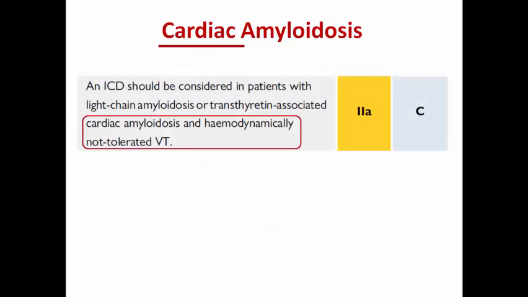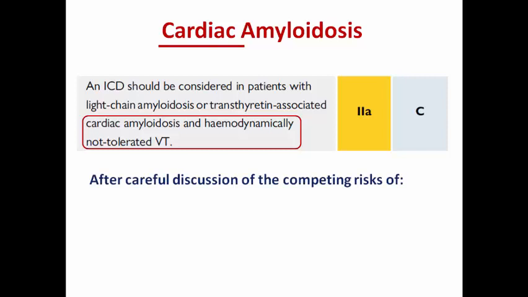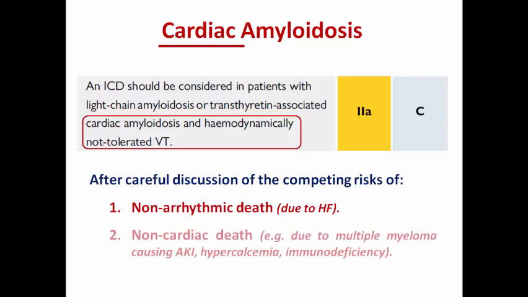But so far, an ICD should be considered in patients with light chain or TTR amyloidosis with hemodynamically non-tolerated VT, still class 2A, and after careful discussion, of course, of the competing risk of non-arrhythmic deaths, which can result from heart failure with preserved ejection fraction, and the non-cardiac deaths due to other organ affection, like in the case of multiple myeloma, causing acute kidney injury, hypercalcemia, or immunodeficiency.